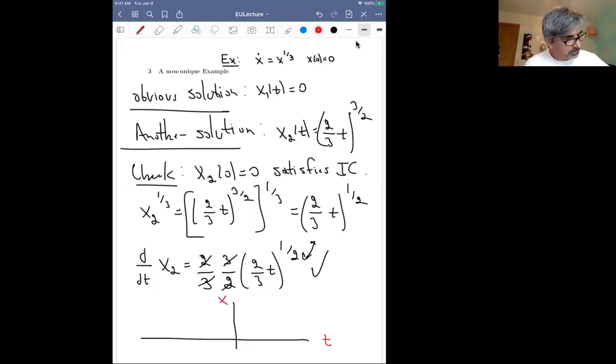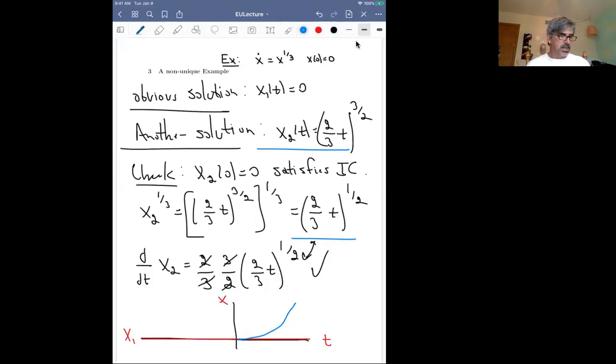So here was one solution, that's x1. What does x2 look like? Well, it sort of looks like that. We'll do that in blue. It only exists from here to the right.